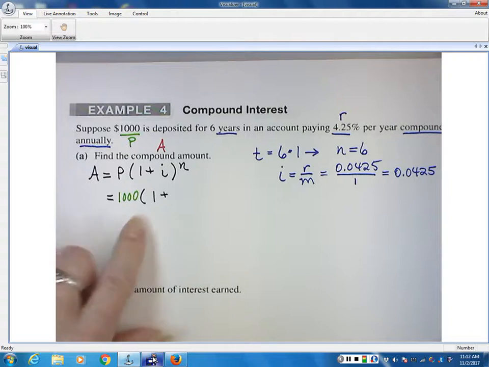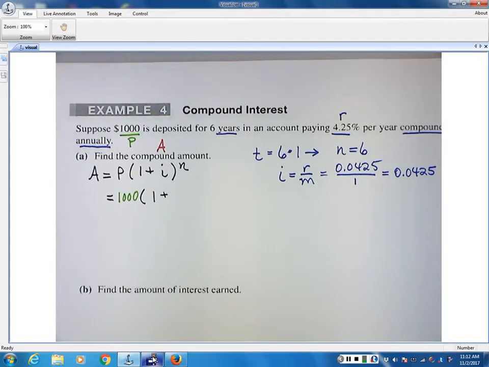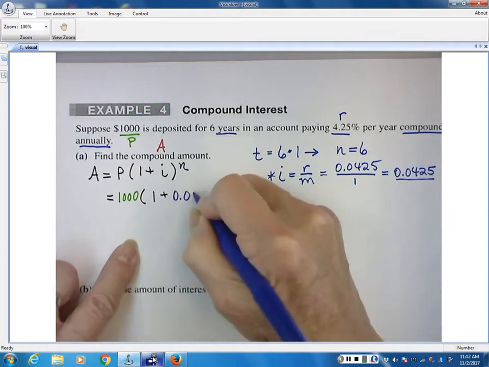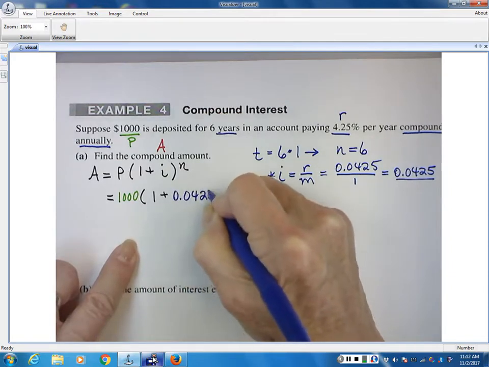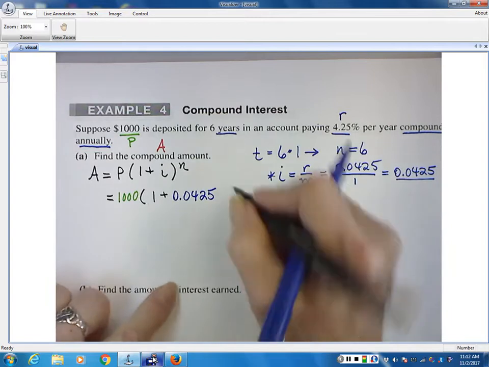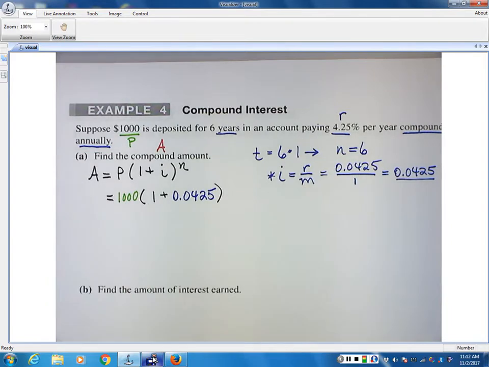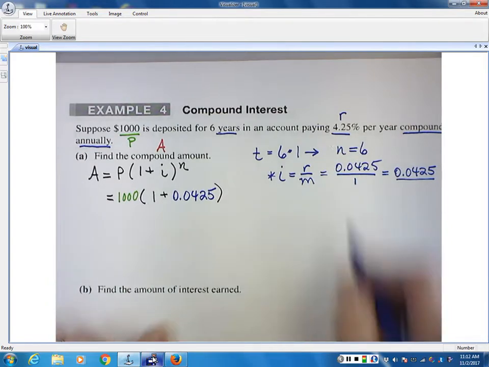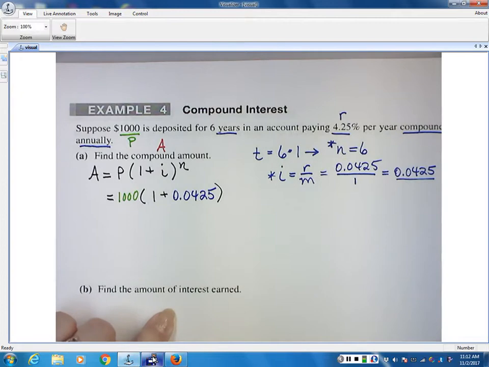So P is our $1,000. Our interest rate is 0.0425. And then the power on the outside is going to be the number of compounding periods, which in this case was 6.